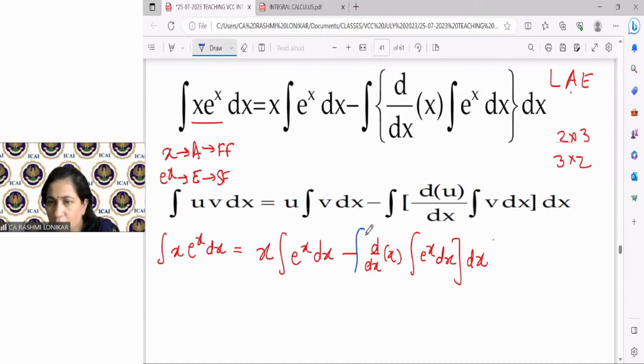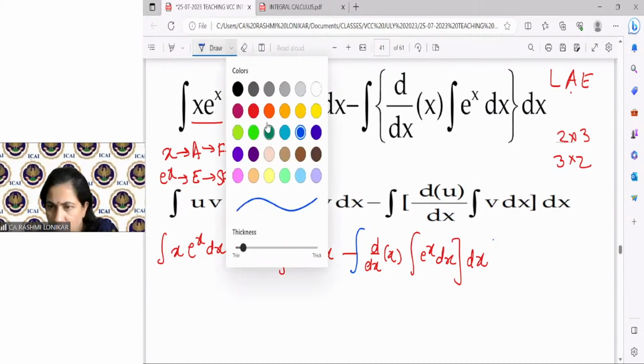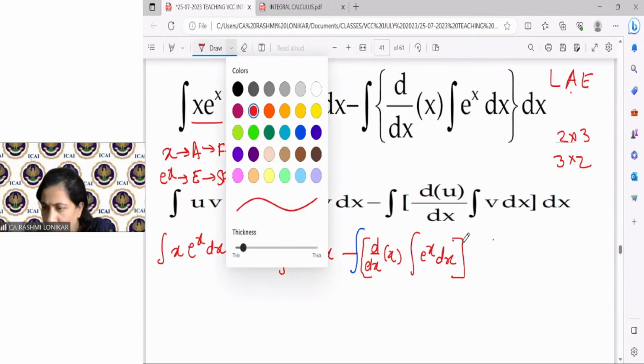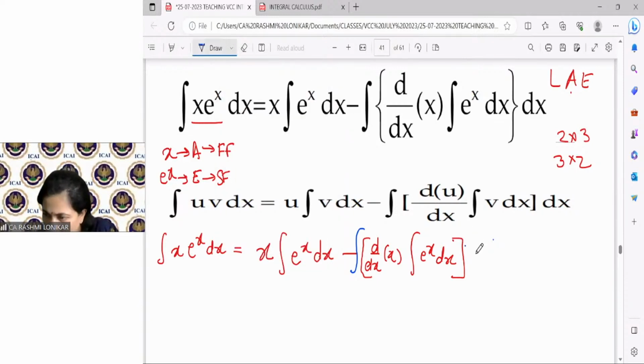This is integral and this is differentiation. So whatever is in the red bracket, you have to solve first, and in the end you differentiate and integrate.